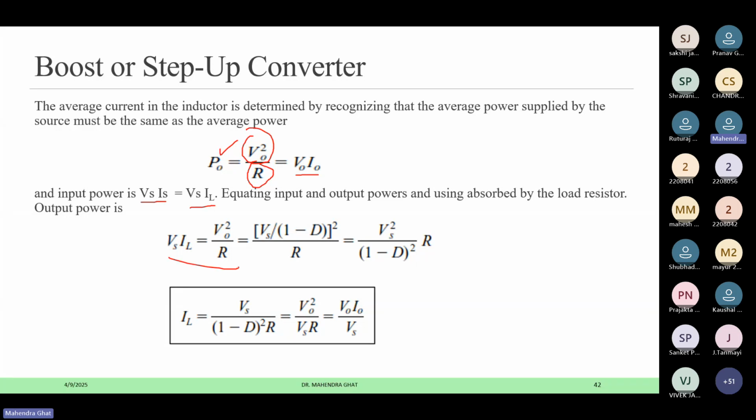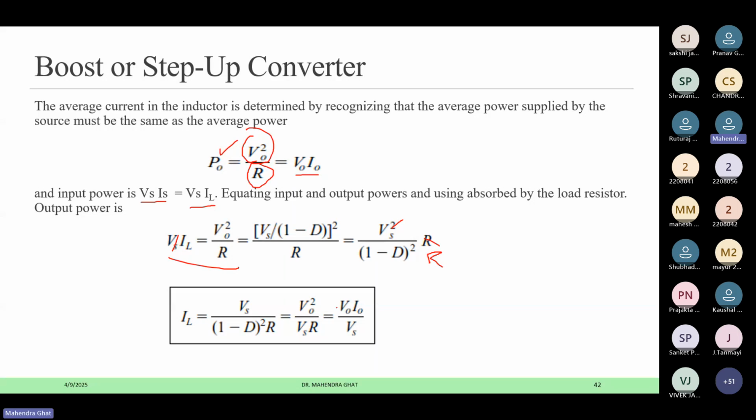So VS into IL is equal to VO square by R. The VO equation we just derived is VO equals Vs divided by 1 minus D. If we put that value here, you will get VS into IL as Vs square divided by 1 minus D square, divided by R. Now the Vs cancels on both sides, and you will get IL as Vs divided by 1 minus D square into R. Correct?